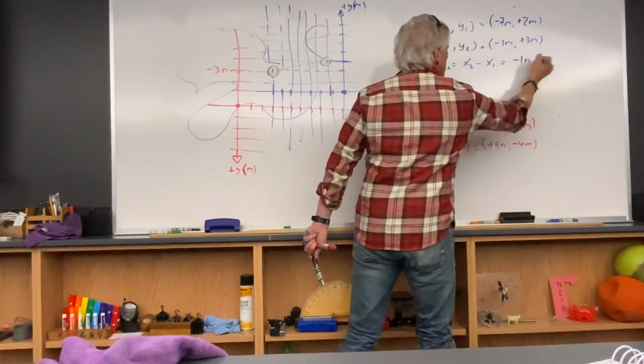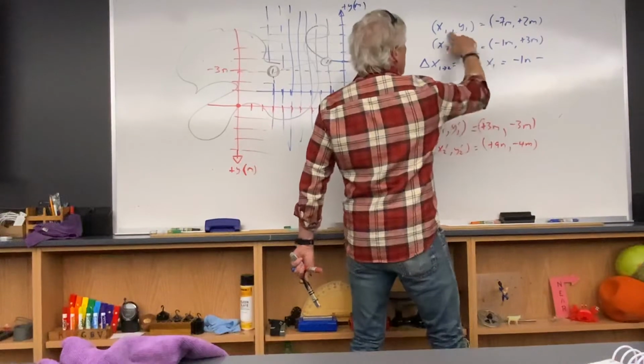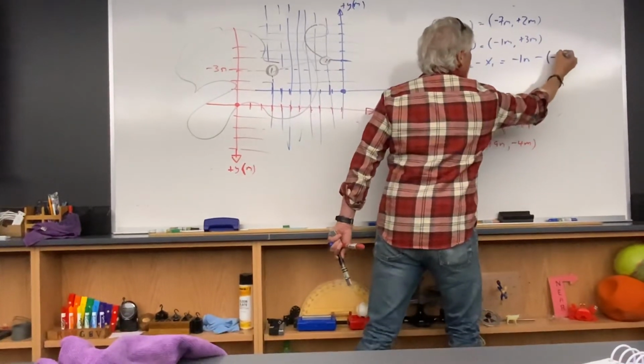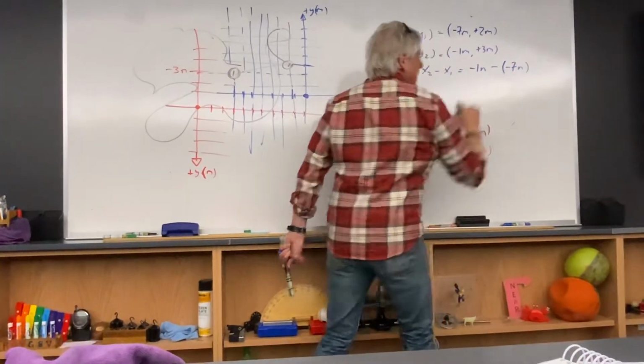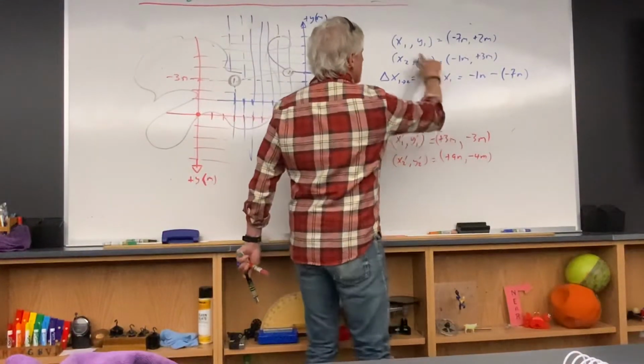-1 meters minus, so that's x2, x1, oh, minus 7. I recommend doing that. It's so easy to make a mistake. Minus x1.